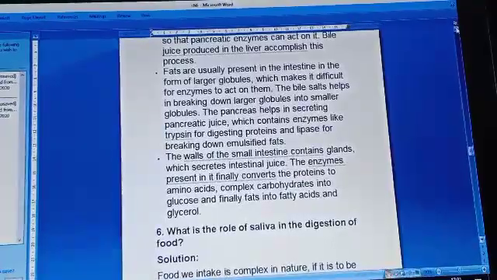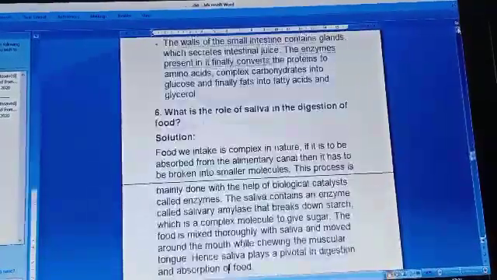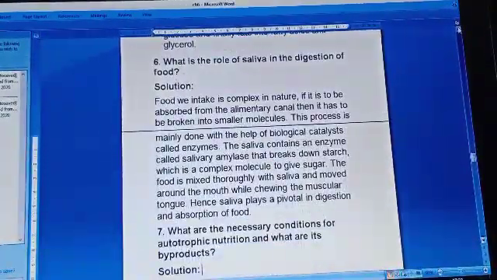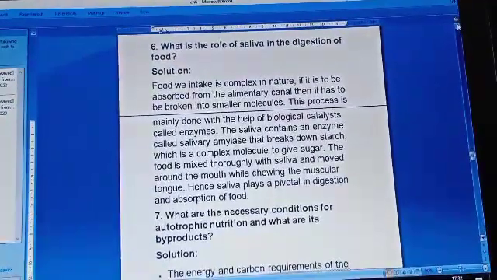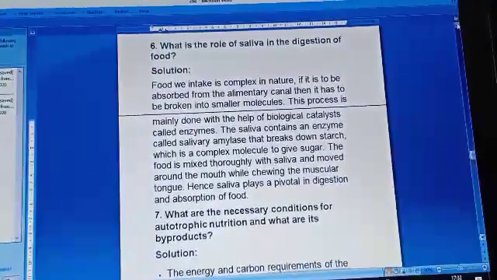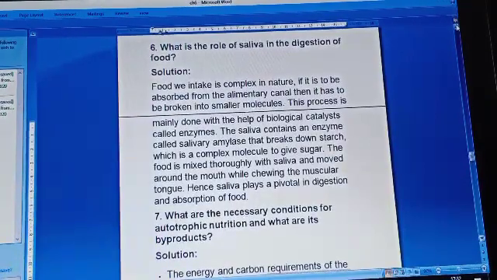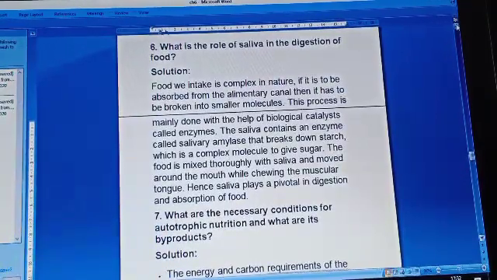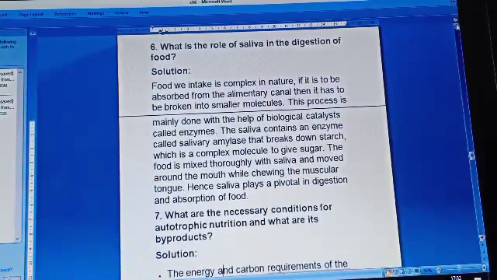Now let's see the next question. What is the role of saliva in the digestion of food? As we know, the salivary glands present in the mouth secrete saliva. Its function is to help break food into small molecules so that it can be absorbed from the alimentary canal.